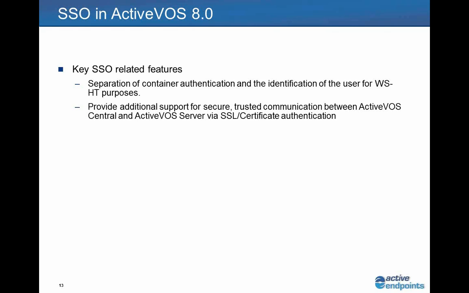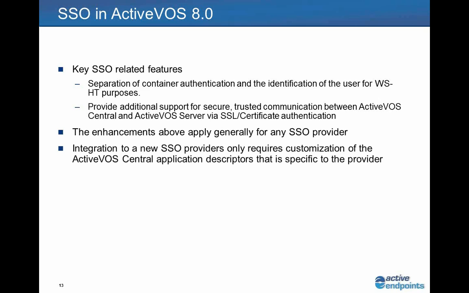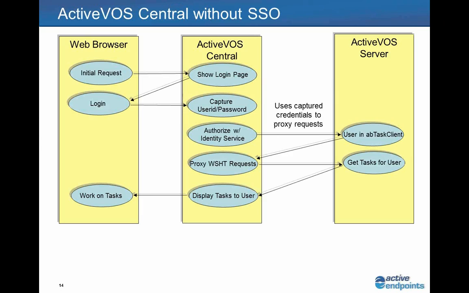So in other words, when the WSHT talks to the ActiveVOS server, it can say, I'm the human task application. It identifies itself as an application, not as the user. And then it can offload the handling of identifying the user to somebody else. It can be used with generally any SSO provider. And the way you work with a new SSO provider is just some customization of the application descriptors that are specific to that provider, and they all have that little description.